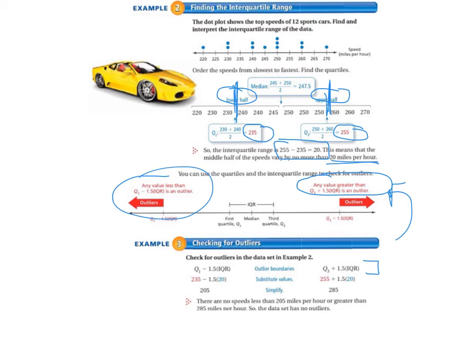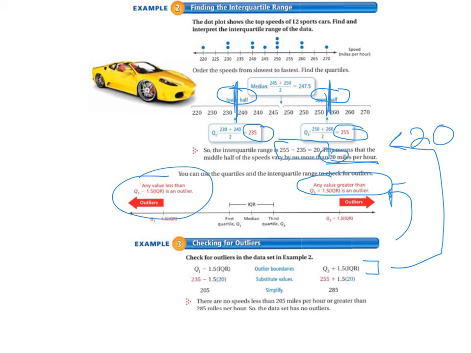So you need to remember that we calculated the interquartile range up here to be 20. That was right here. And so 235 minus 1.5 times 20 is going to be our lower value, and 255 plus 1.5 times 20 is going to be our upper value.